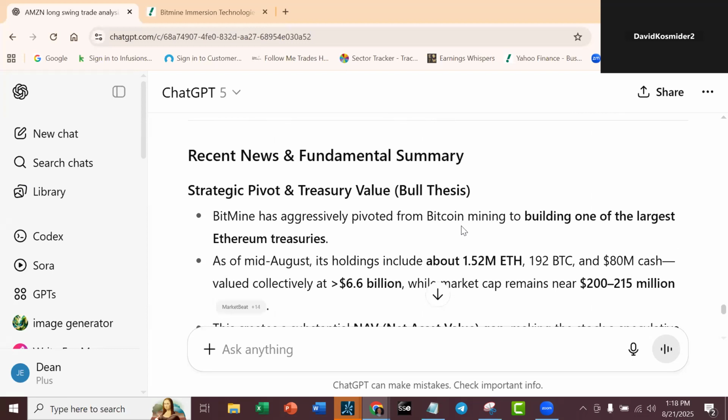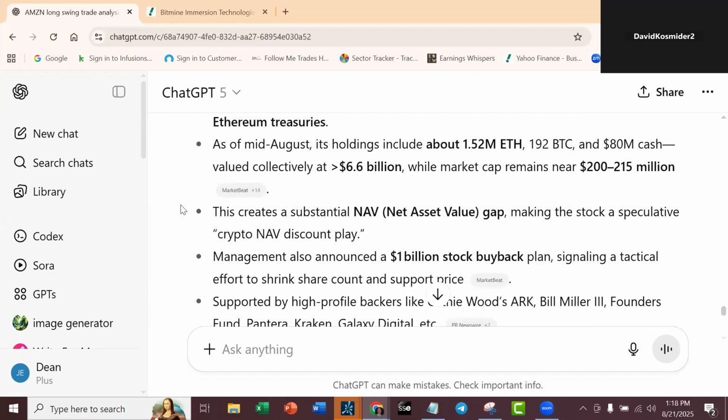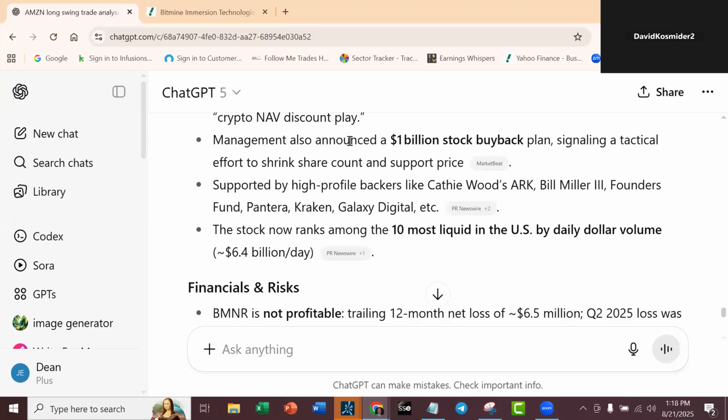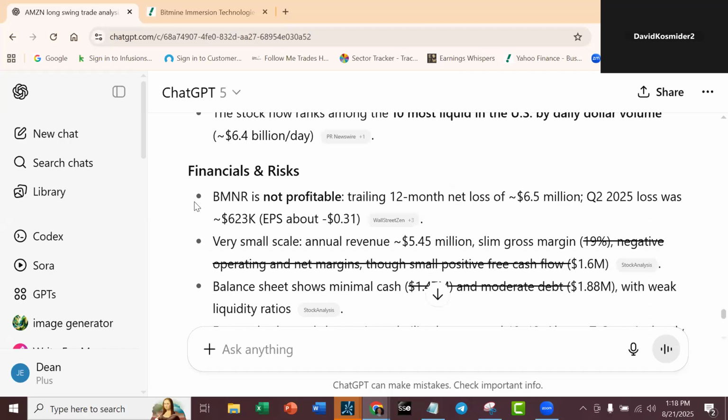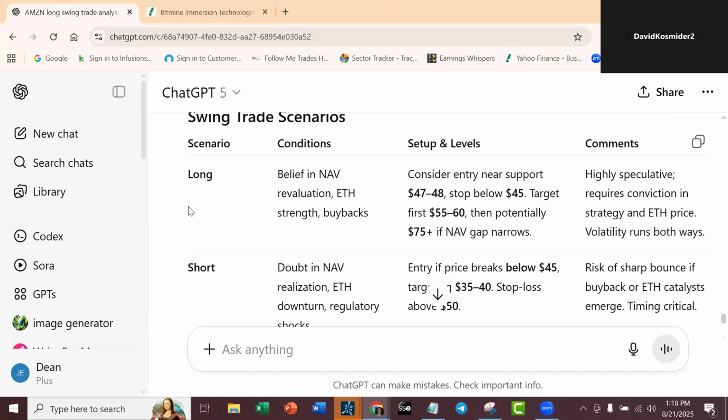Aggressively pivoted from Bitcoin mining to building one of the largest Ethereum treasuries. That must have been the news that drove that huge spike. Crypto NAV discount play. Management announced a $1 billion stock buyback plan.